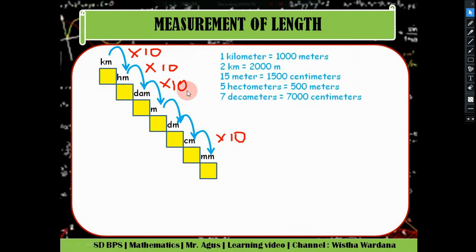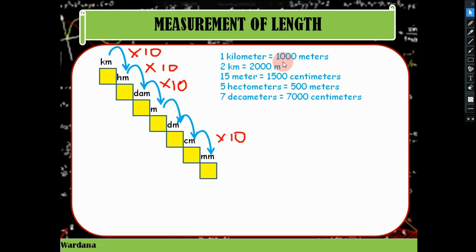Okay, these are other equivalent measurements. Like I told you before, 1 kilometer equals 1000 meters. So if we have 2 kilometers, you get 2000 meters. 15 meters, if changed into centimeters, you will get 1500 centimeters. 5 hectometers equal 500 meters, because you move down 2 times to arrive at meters from hectometers.